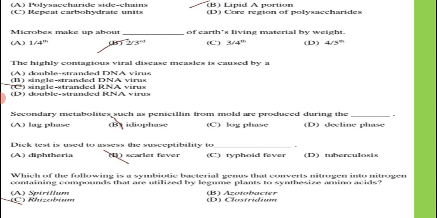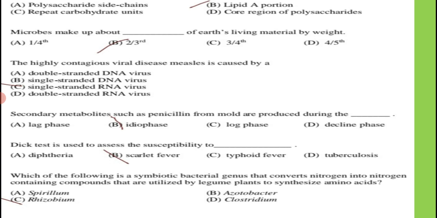Then next question: secondary metabolites such as penicillin from a mold are produced during dash dash. Here it is about the growth phase. The secondary metabolites are formed in the idiophase. Idiophase is the phase in the growth of a culture during which secondary metabolites are produced. Compounds produced in the idiophase have no direct relationship to the synthesis of cell material and normal growth of the organism.